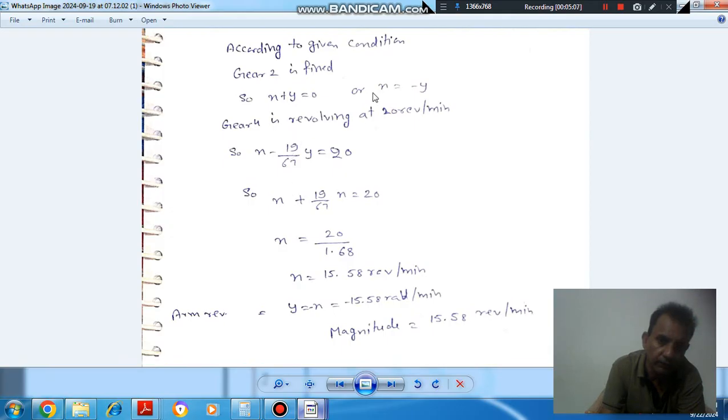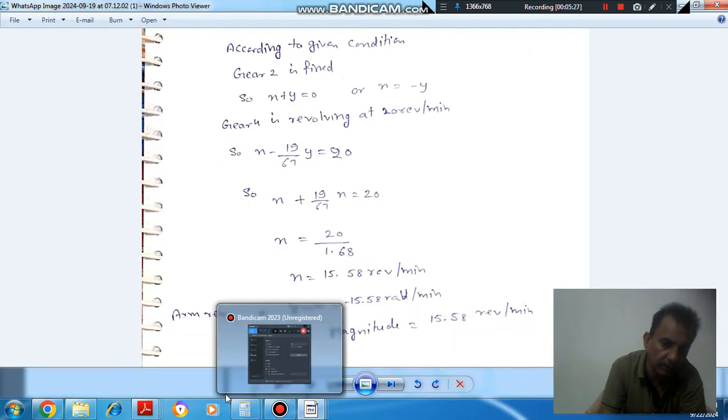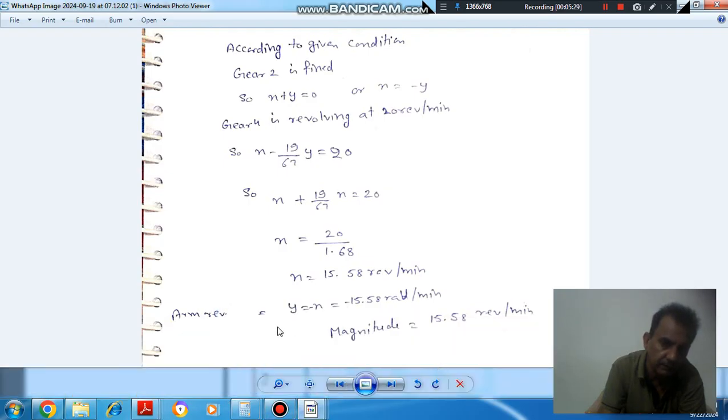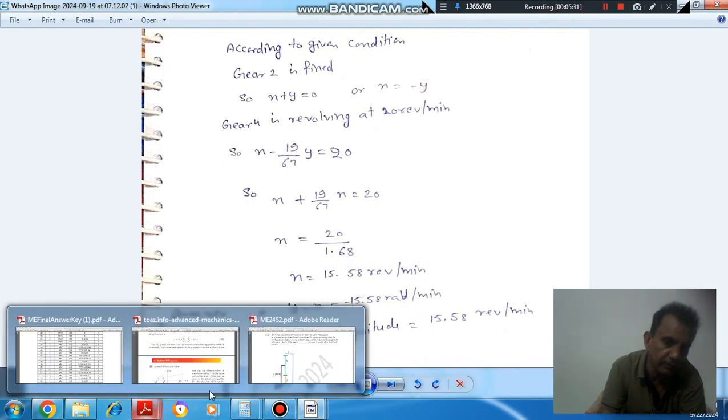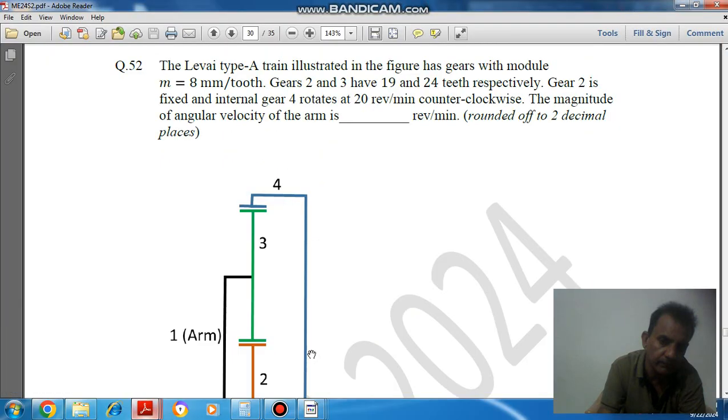Here x is equal to minus y, so putting y equal to minus x, x will be 15.58 revolutions per minute, and y is equal to minus x, so that is minus 15.58 revolutions per minute. Here y represents the revolution of the arm. So the magnitude of revolution of the arm is 15.58 revolutions per minute. Answer is 15.58.